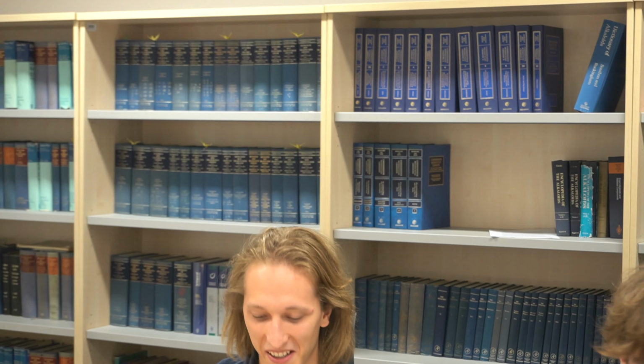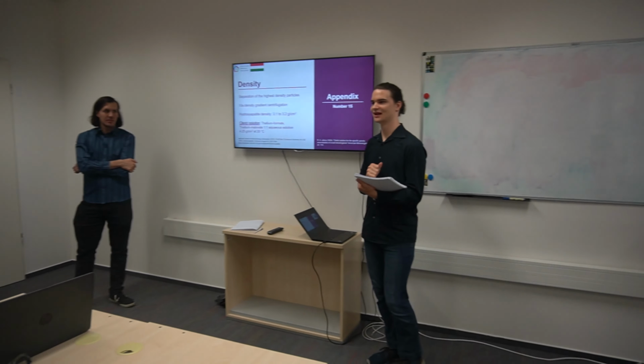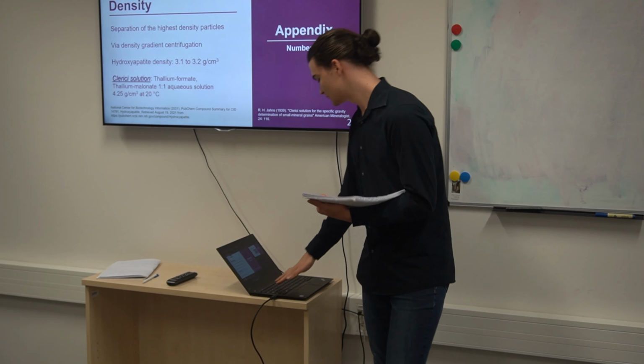If I may. So you mentioned that you paired up ions that don't precipitate with each other. However, would the calciums that are leaving the crystal not precipitate with the carbonate ions, and wouldn't it cause a problem? Well, that's a very valid concern.